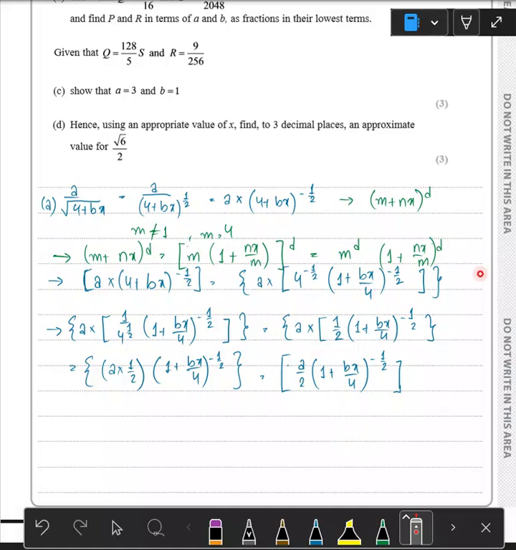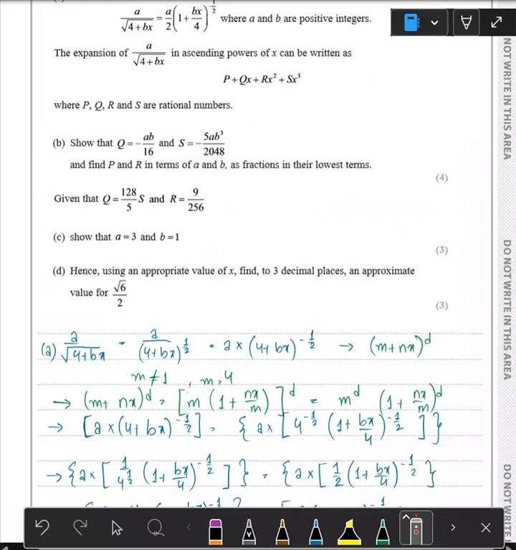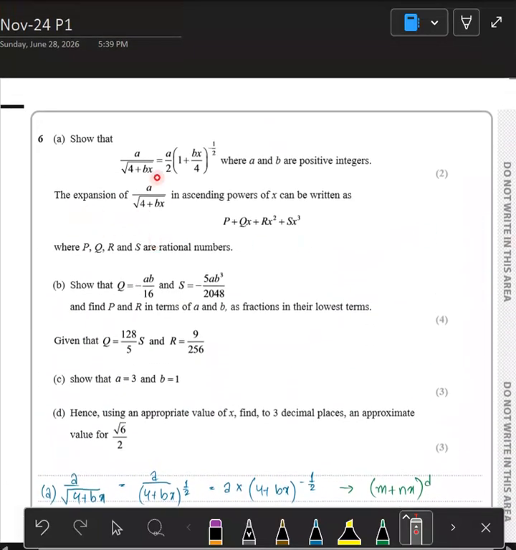Now, for part B of this question, the expansion of this in ascending powers of x can be written as p plus qx plus rx squared plus sx cubed, where these are all rational numbers. P, Q, R, S are actually coefficients.